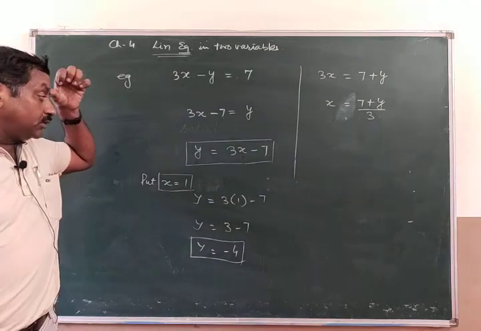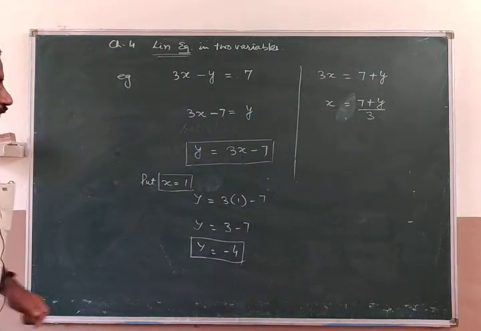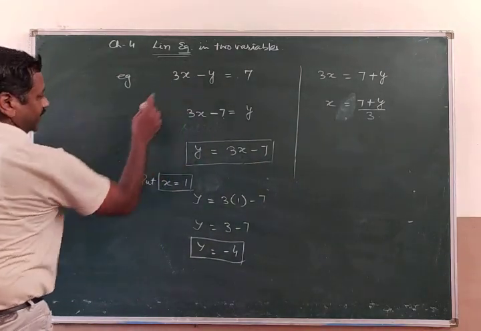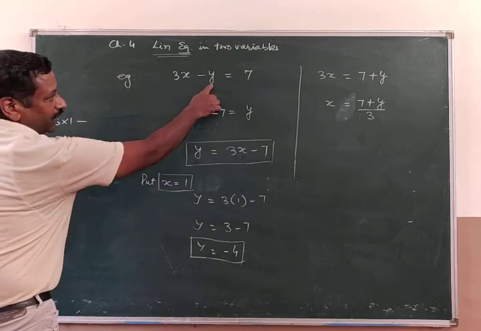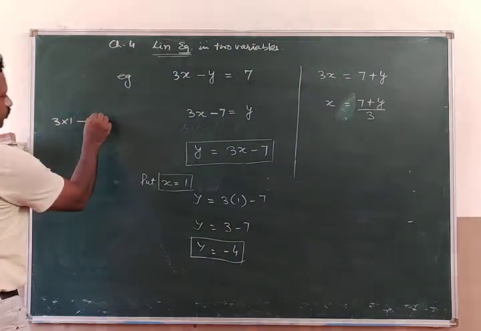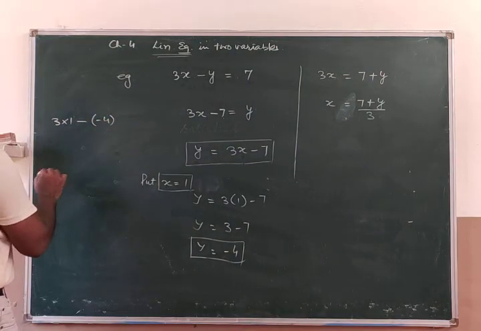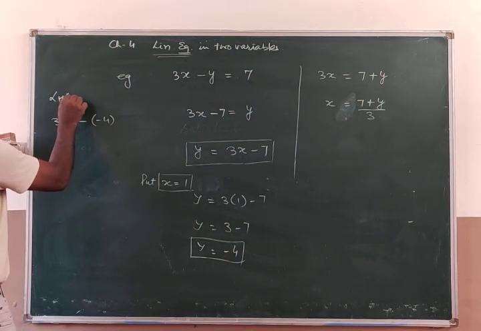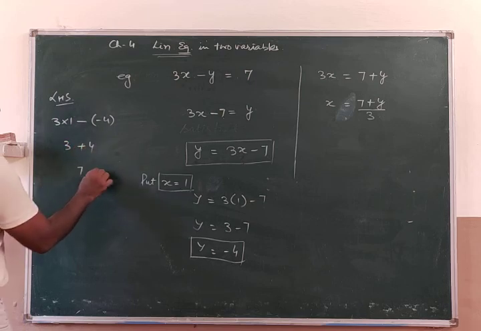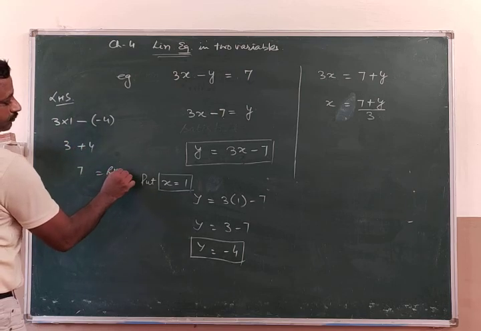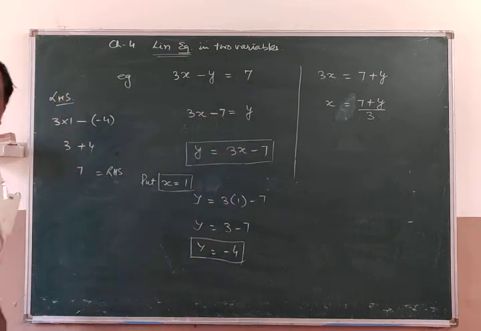You can check even: if I put x equal to 1 here, it will be 3 into 1 minus y. If I put minus 4, my left hand side will be 3 plus 4, 7, equal to the right hand side. My left hand side becomes equal to the right hand side.